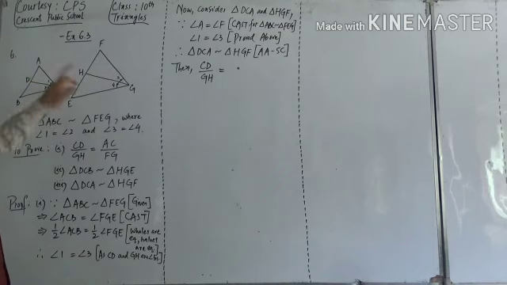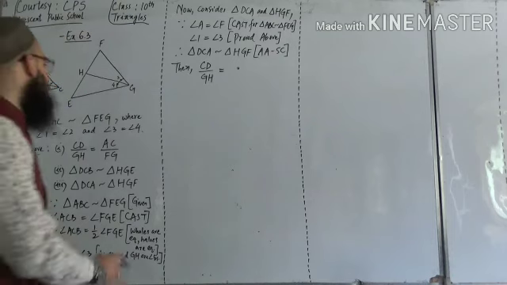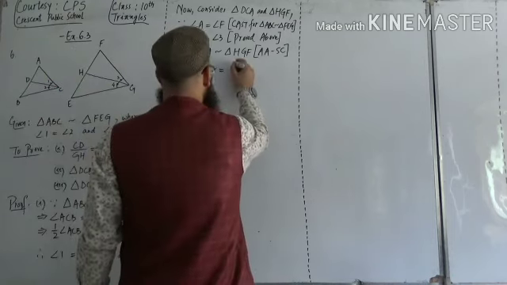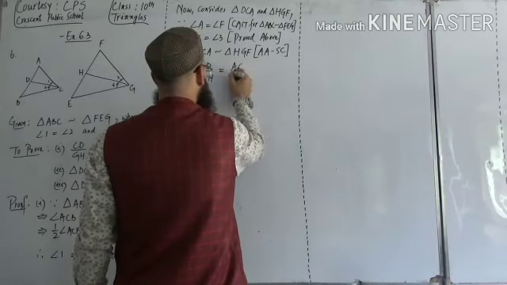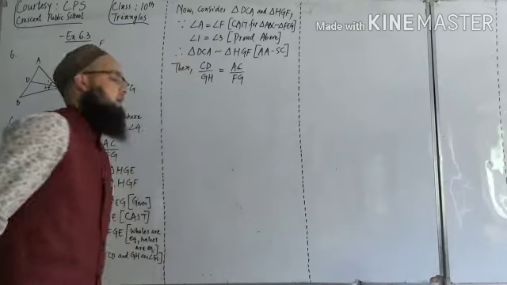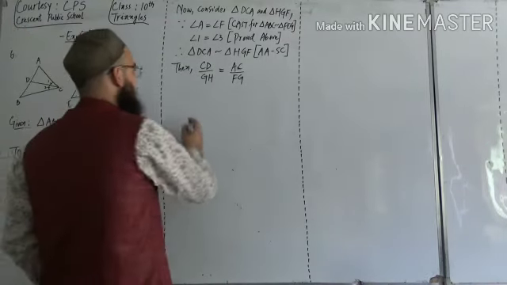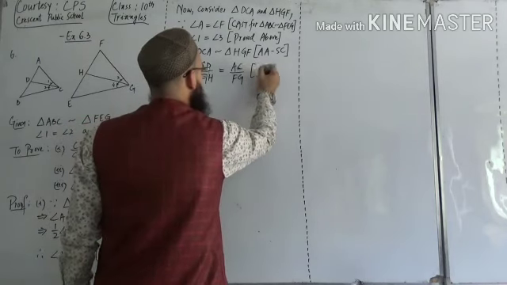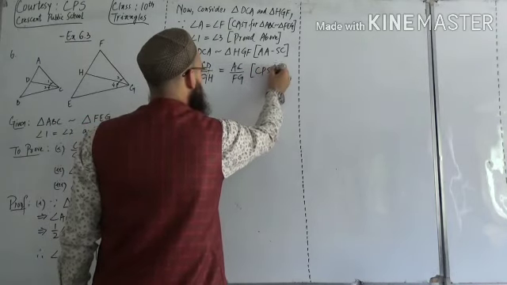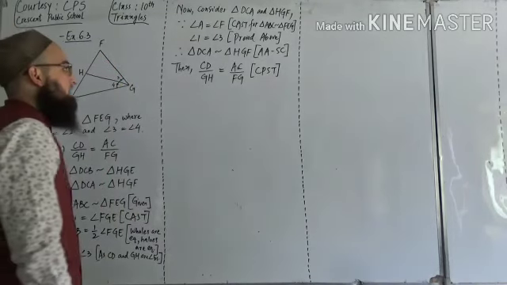If I take CD, I'll take GH. If I take AC, I'll take FG. So CD by GH is equal to AC by FG. That's it. So we proved the first part. CPCT, corresponding parts of similar triangles.